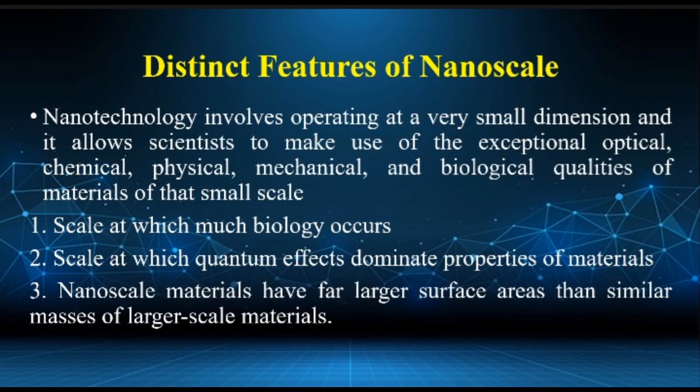The second feature is the scale at which quantum effects dominate properties of materials. Now let's move on to the last feature of nanoscale, which is that nanoscale materials have far larger surface areas than similar masses of larger scale materials.